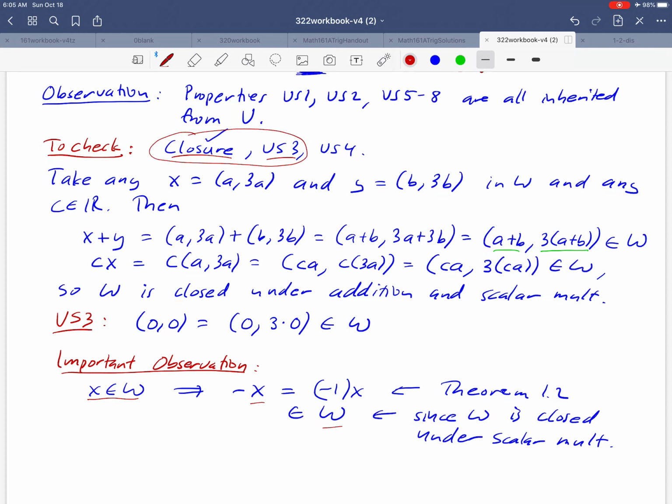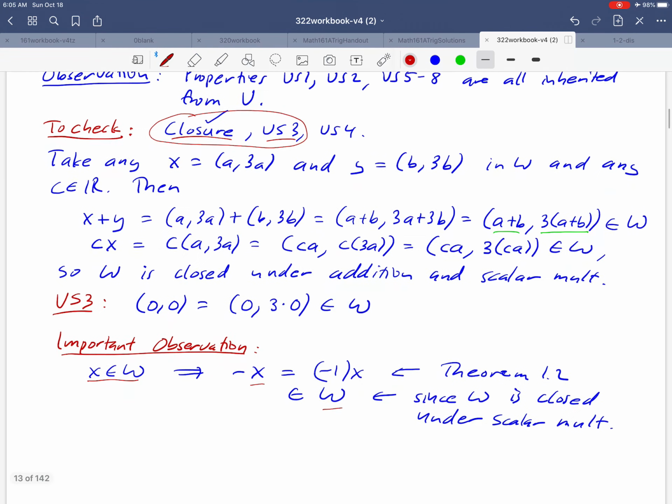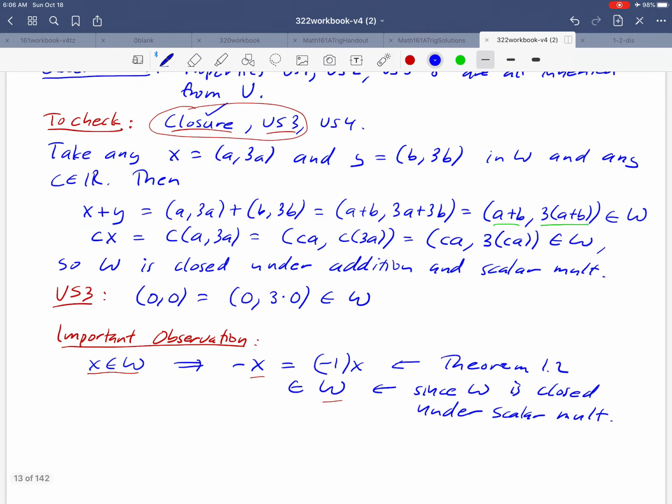So actually, we didn't need to prove VS4. It was implied by the two things that we already proved. So here's the comment that we're going to make. VS4 is implied by closure under scalar multiplication, which we already proved.